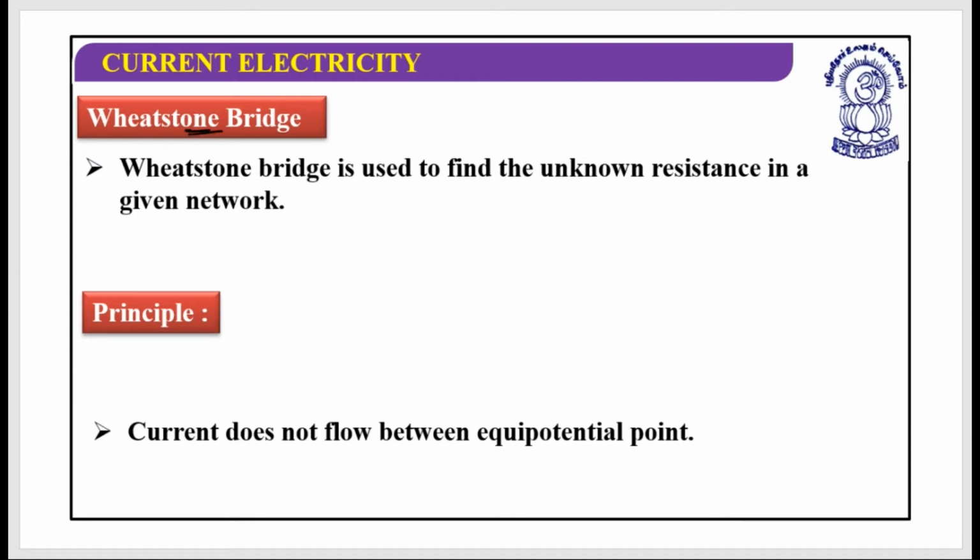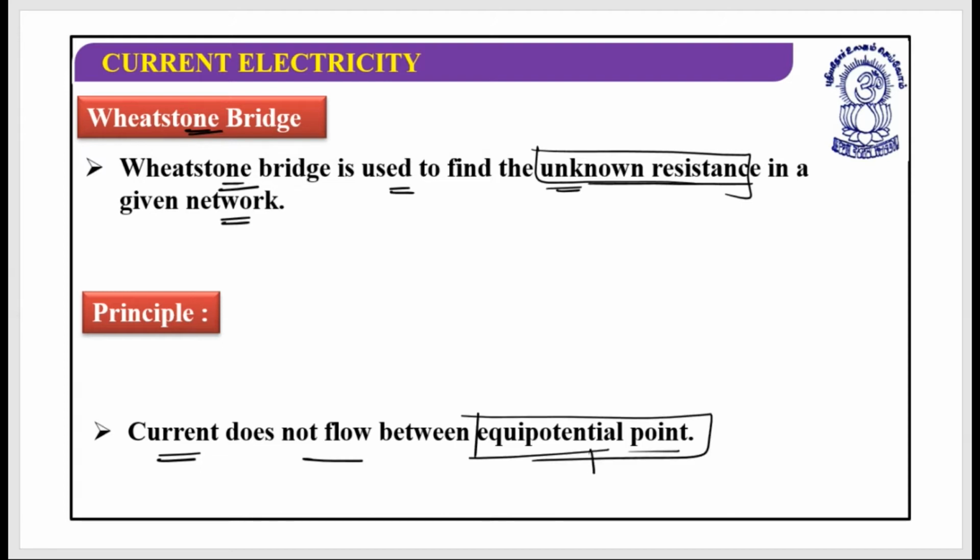What is a Wheatstone bridge? A Wheatstone bridge is used to find the unknown resistance in a given network. The principle it uses is that current does not flow between equipotential points.